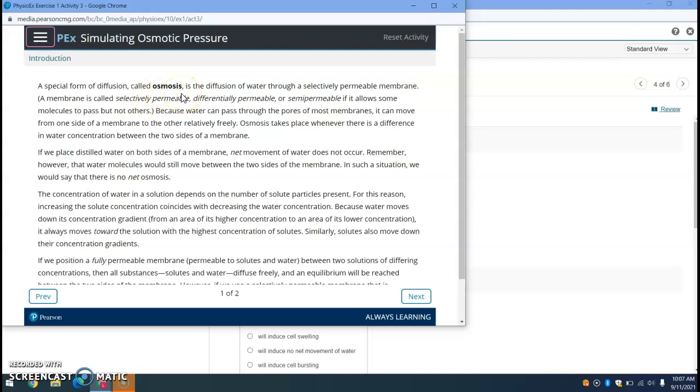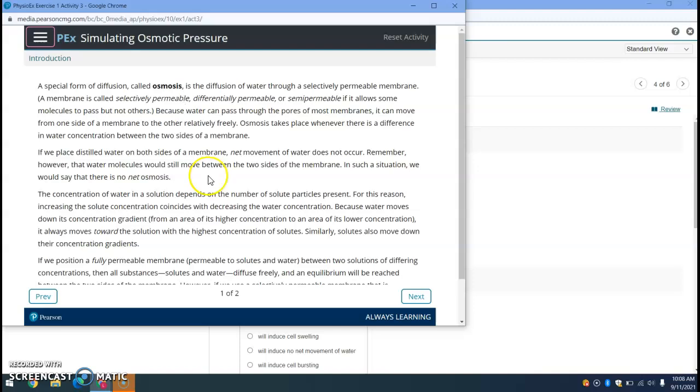Osmosis is the diffusion of water through a selectively permeable membrane. What happens there is that when the membrane is impermeable to the solutes that are dissolved in water, but it's permeable to the water, the water will diffuse rather than the solutes.